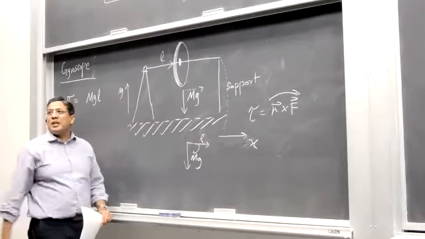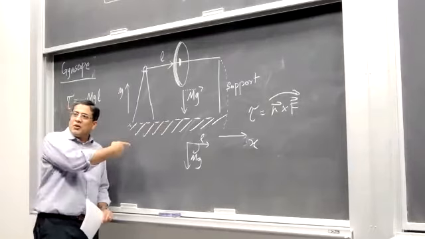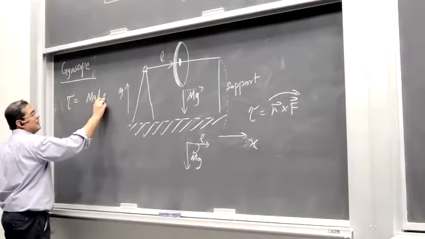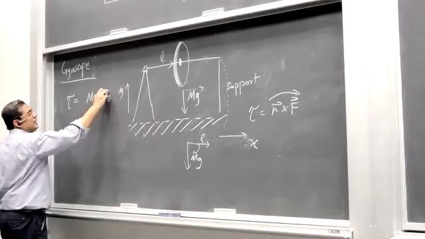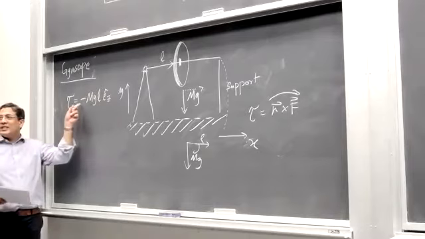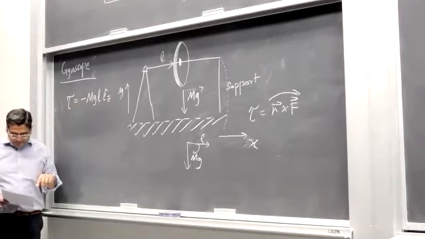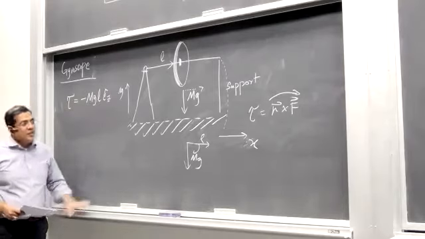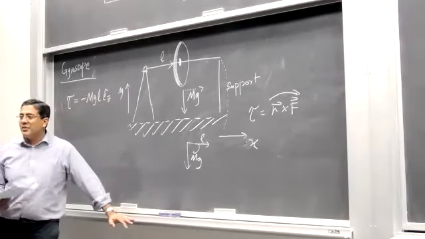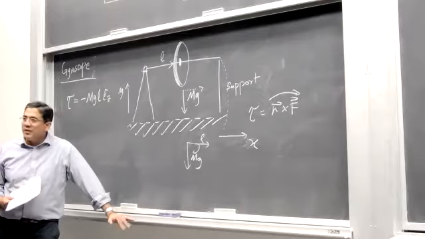Positive z is coming out and negative z is going in. So what is the unit vector here? Ez, and into the plane, negative indicates that it's along negative Ez. If this is not clear, please stop me here and let's discuss this, because this should not be much difficult to decipher.